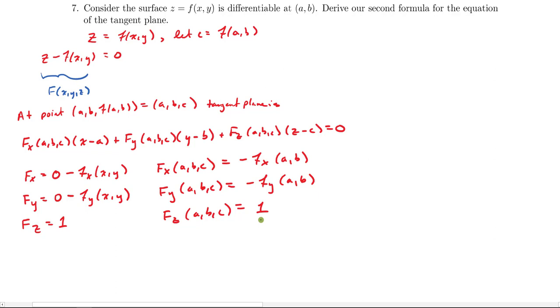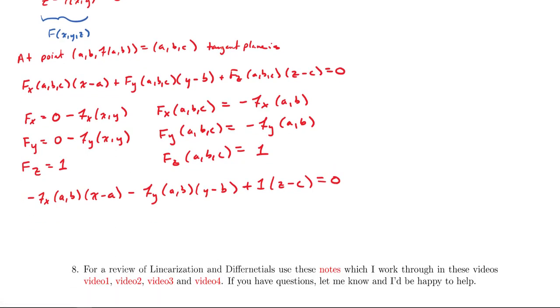So then we just plug these values into our equation of the tangent plane, and I get minus f sub x of (a, b) times x minus a, minus f sub y of (a, b) times y minus b, plus 1 times z minus c equals 0. The first thing I'm going to do, since I've only got one line of room left, is replace this c back with f of (a, b). Then I'm going to take this term over to the other side, and this term over to the other side.